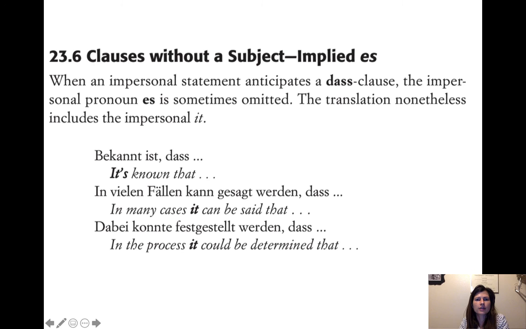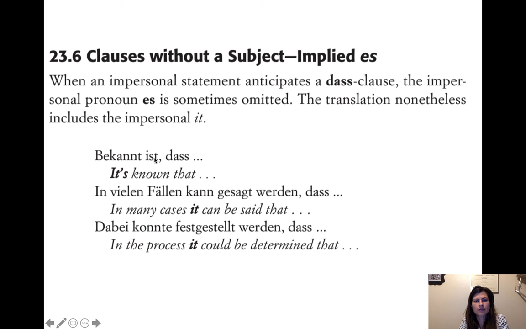So we have clauses without a subject and implied es. So sometimes we have a place where you don't see an es, but then you would put an it into your translation. So for example, bekannt ist, dass, it's known that.